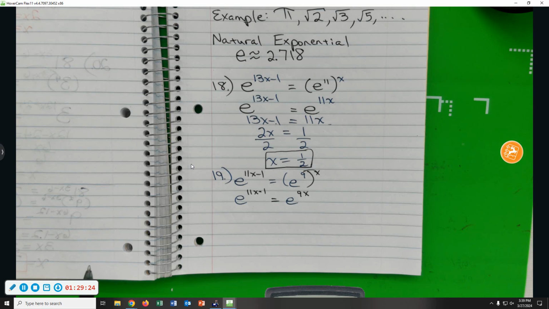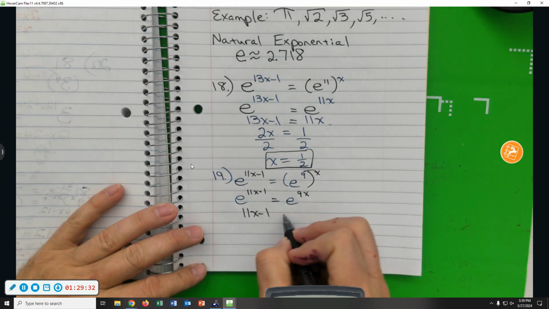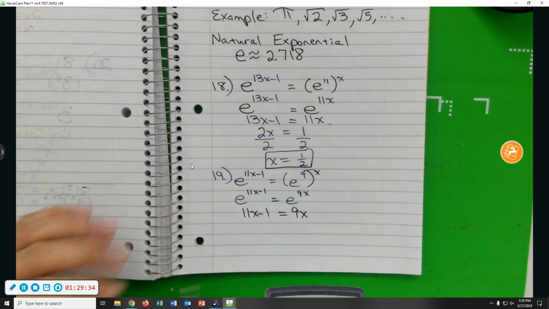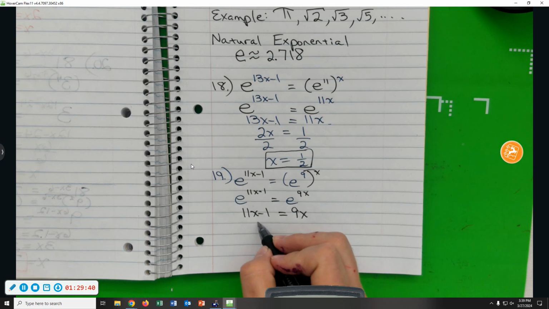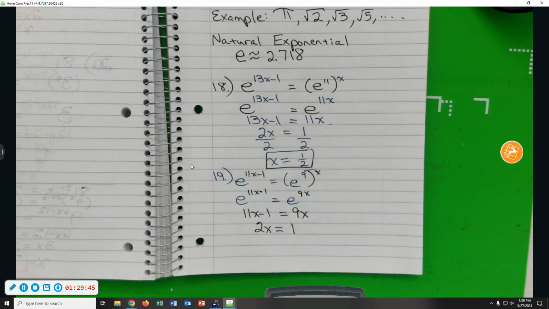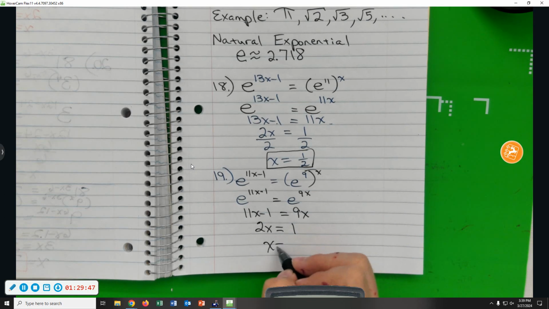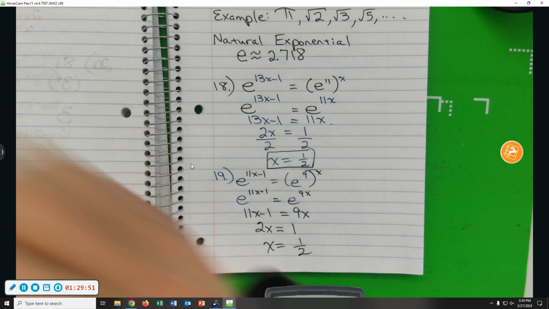Once we have the same base on both sides, no exponents, we drop the base, set the exponents equal. I think we're going to get another 1/2, aren't we? Subtract 9x, that gives me 2x equals, move the 1 over, and sure enough, we get another 1/2 as our answer.